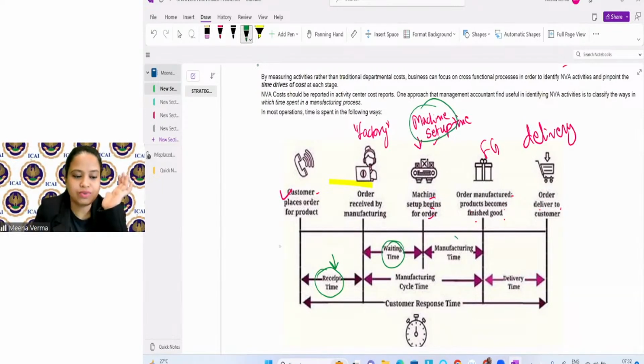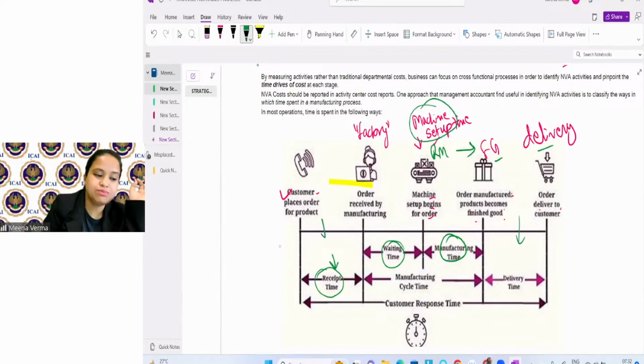Then manufacturing time. When the machine is set up, from raw material to final good, it will take some time to manufacture the product. That will be the manufacturing time. Then once you receive the final product, it will be delivered to the customer, and delivery time is required.